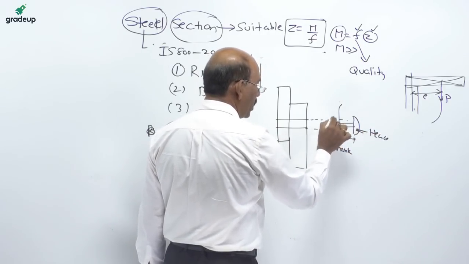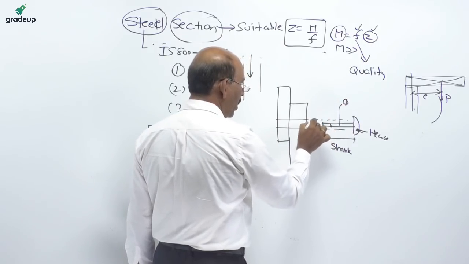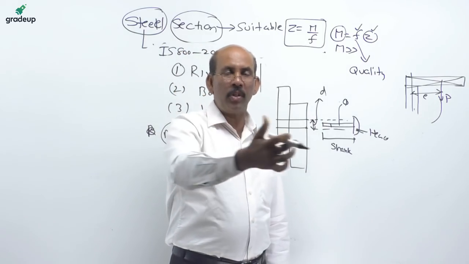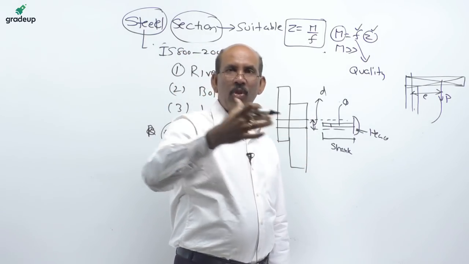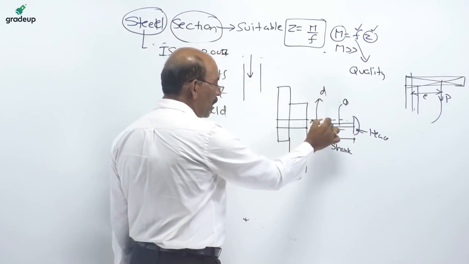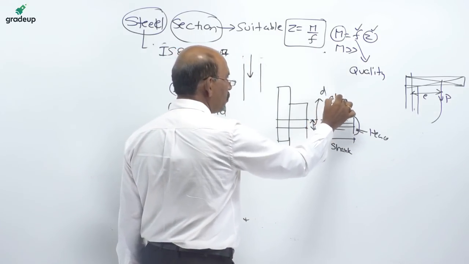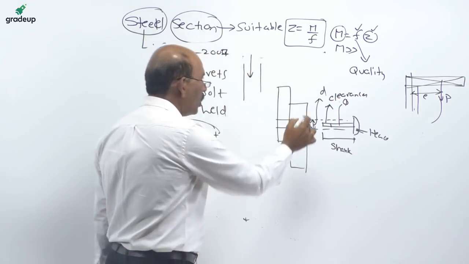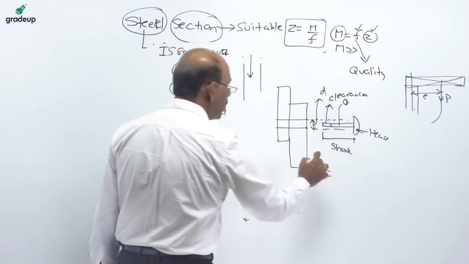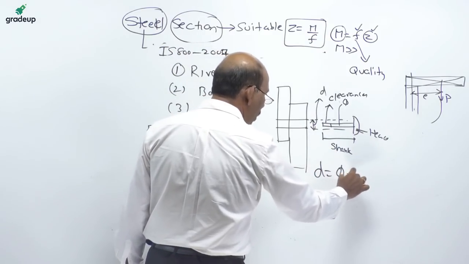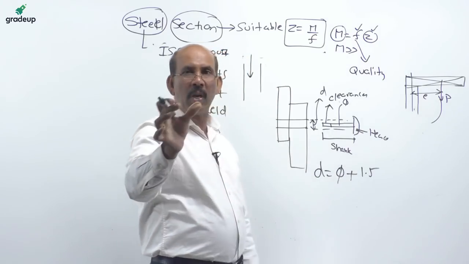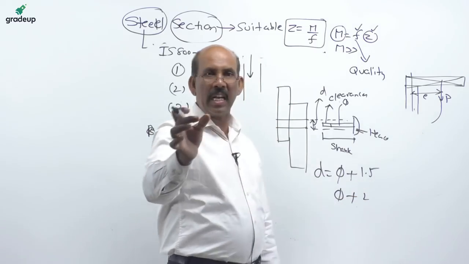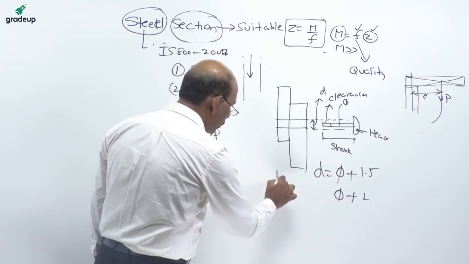So, the diameter of the shank is phi, the diameter of the rivet hole is d. In order to insert a rivet into the connection, we have to provide some clearance. The clearance has to be given, therefore, the diameter of the rivet hole d is equal to shank dia phi plus 1.5 or plus 2. We will use the clearance, and this is the grip length.